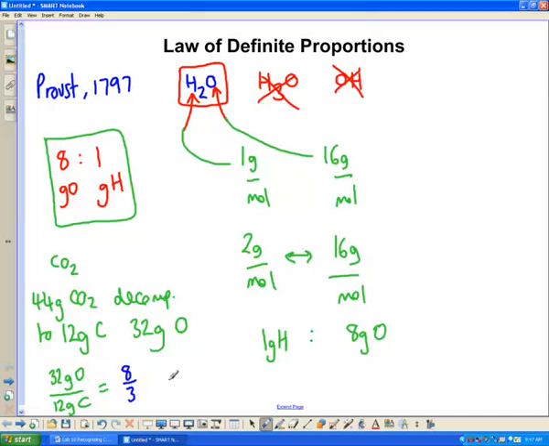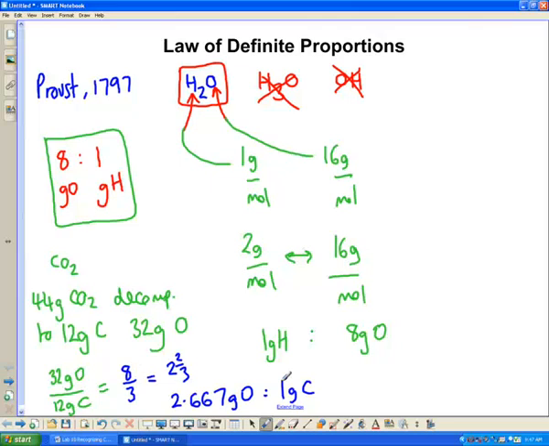That gives us 2 and 2/3, which is the same as when you punch it into your calculator and get 2.667. So for every 2.667 grams of oxygen, we have 1 gram of carbon. So that mass ratio of oxygen to carbon is 2.667 to 1, or 2.67 to 1, however you want to say it.